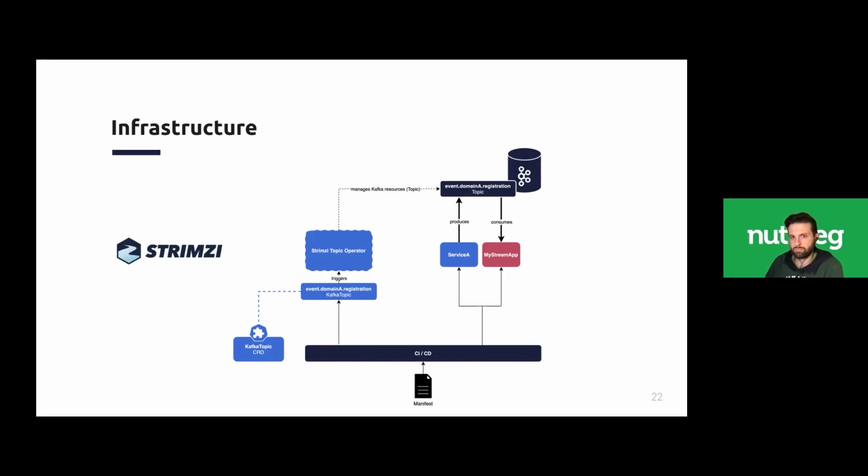Now, as I said, we can go a bit further. A CRD is just something you can also create yourself. And the team had this idea to define a wrapper custom resource that we would call an event stream, which predefines some of those values: the retention, the replication factor, the number of partitions in a topic.